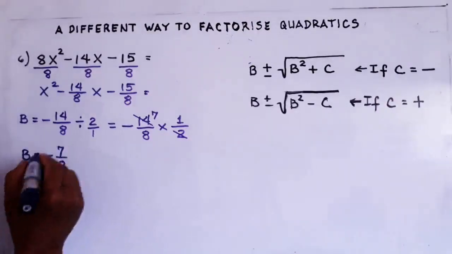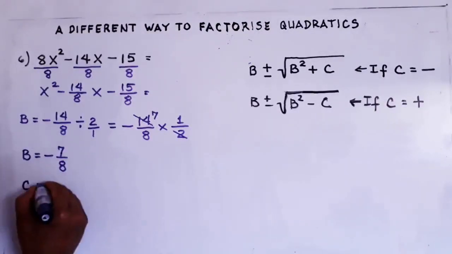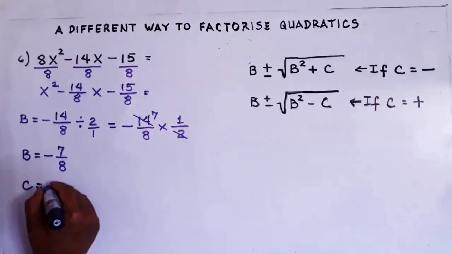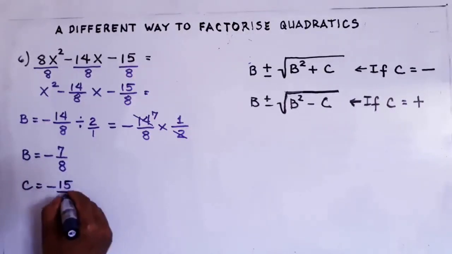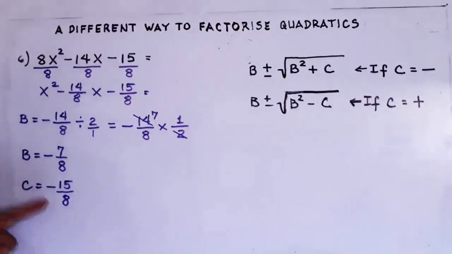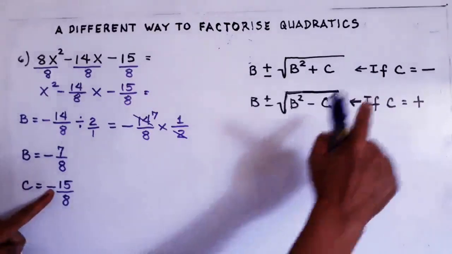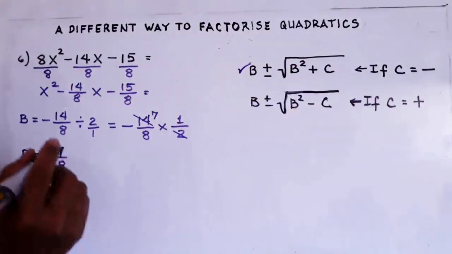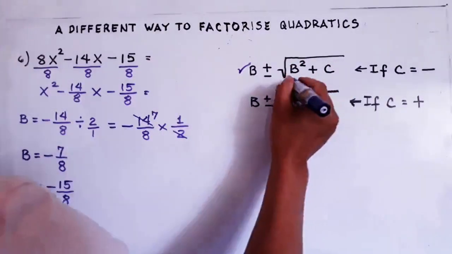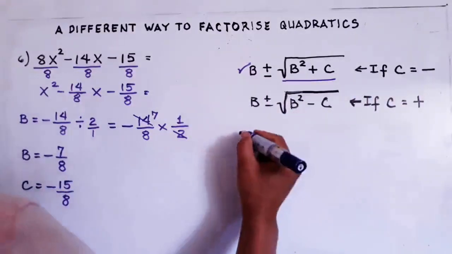Alright, what is the c? The c is negative 15 over 8. So which formula are we going to use? This is negative, so we are going to use this one. Let's solve this first.